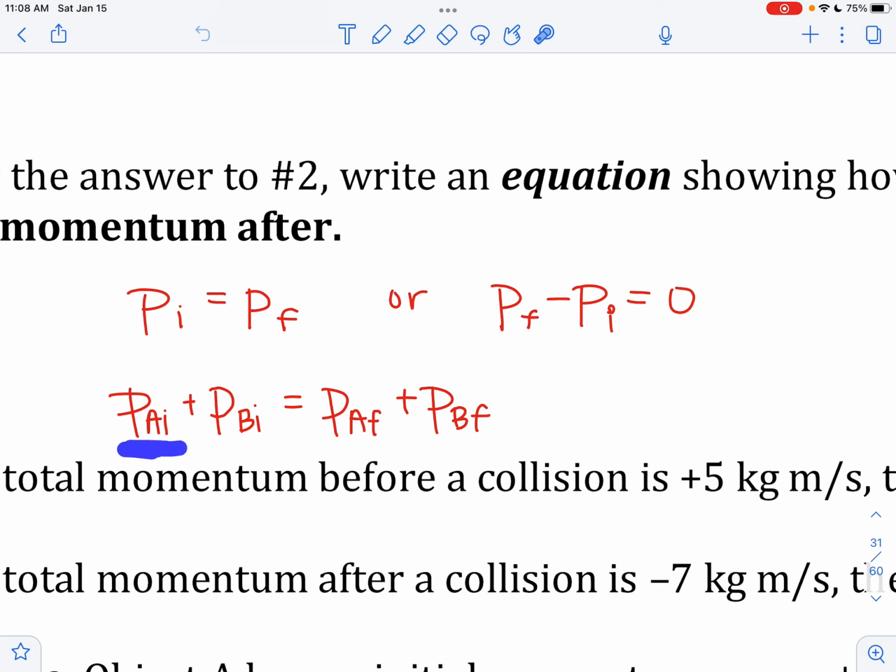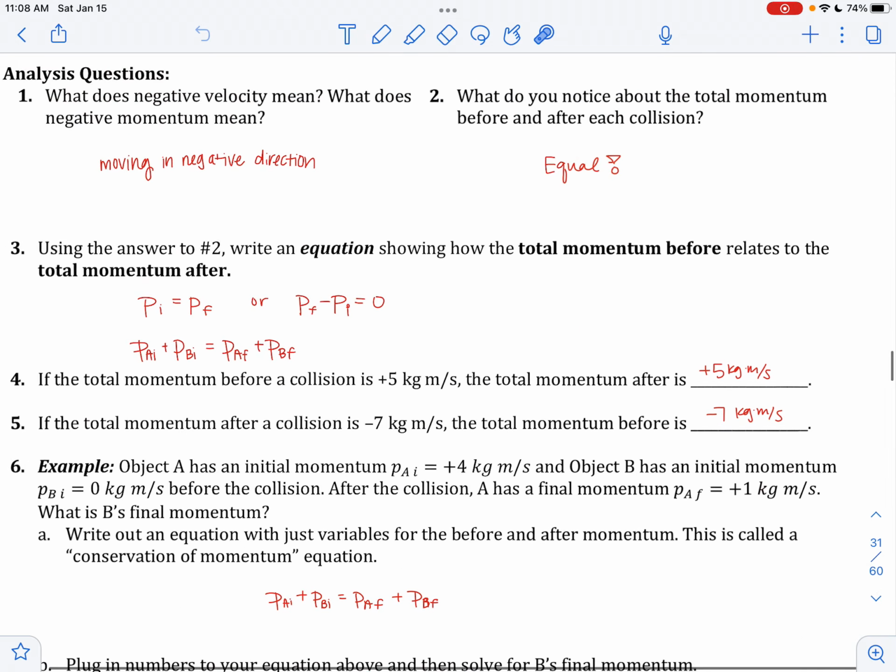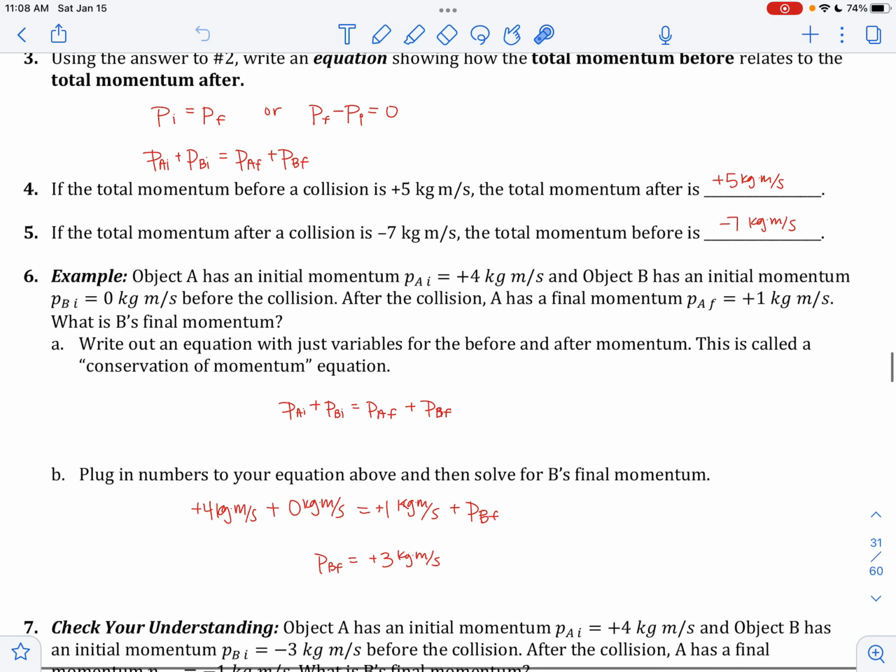The momentum of object 1 initially, so P for momentum, A for object A, I for initial, plus the momentum of object 2, or object B initially. Add those two momentums up, and you're going to get the sum of the two objects' momenta after as well. And this is just kind of a check. Make sure that you're realizing the numbers stay the same.